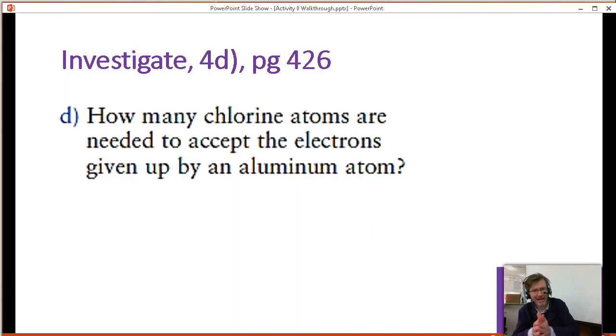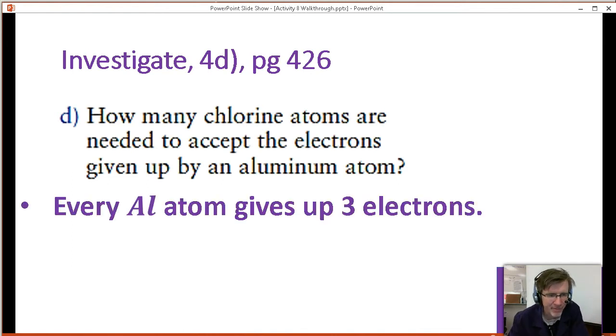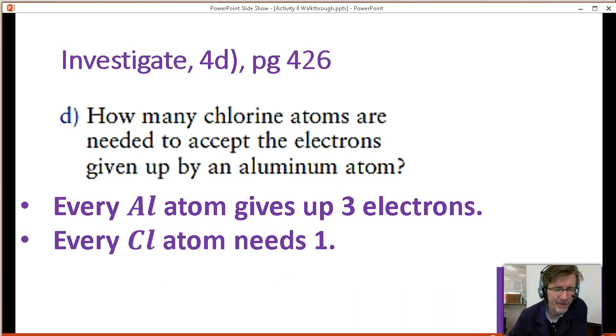How many chlorine atoms are needed to accept the electrons given up by the aluminum atom? Aluminum's given up 3 electrons. Chlorine is waiting for them. Chlorine says, I like electrons. I think chlorine only takes 1 each. If every aluminum atom gives up 3 electrons, every chlorine atom needs 1.